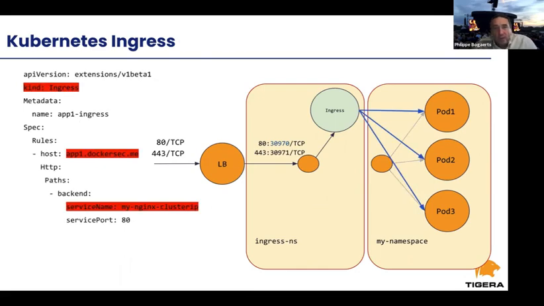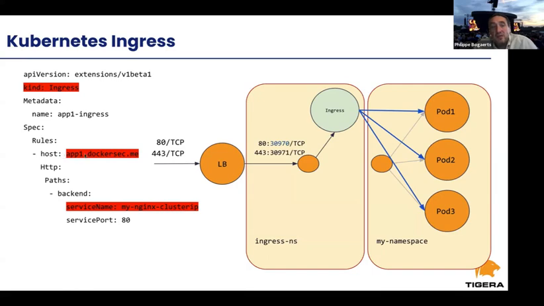So the moment you actually define the Kubernetes Ingress resource, as you can see, you have to specify, first of all, in which namespace it needs to be deployed, and on which host name it listens.